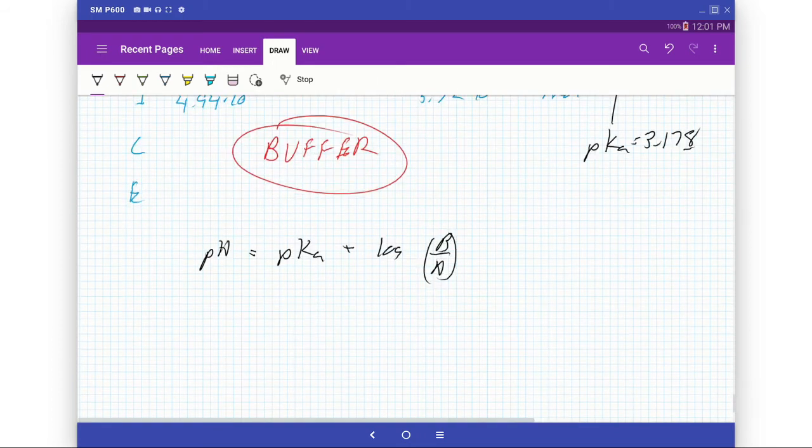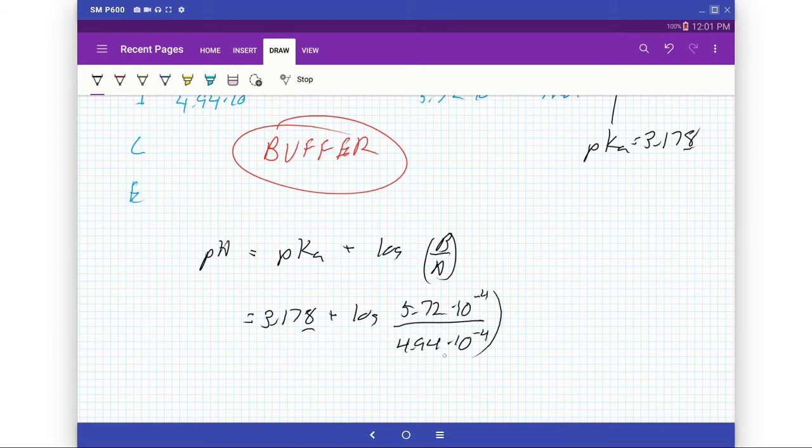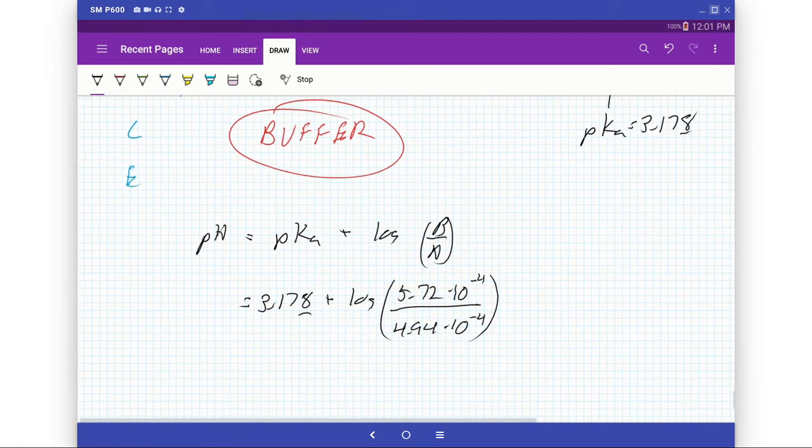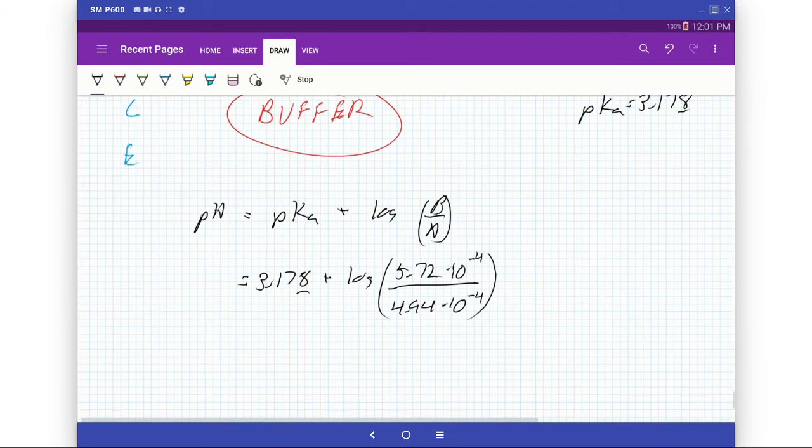So the pH would be that, and this gives a value of 3.24.